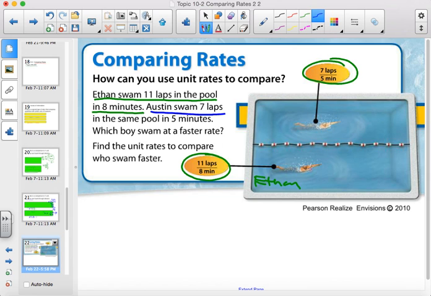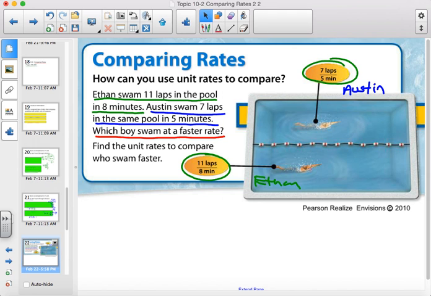Austin swam 7 laps in the same pool in 5 minutes. So up here, this must be Austin. Which boy swam at a faster rate?